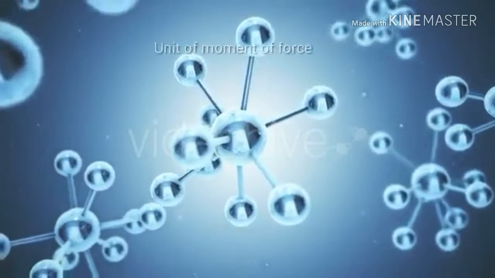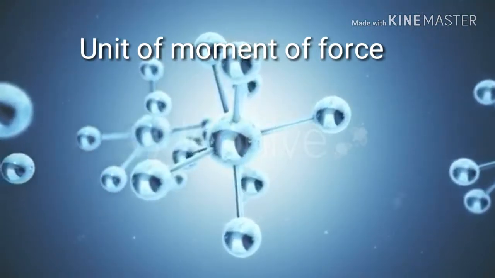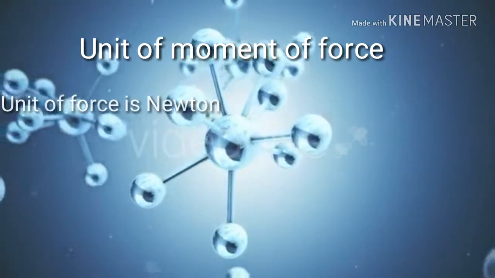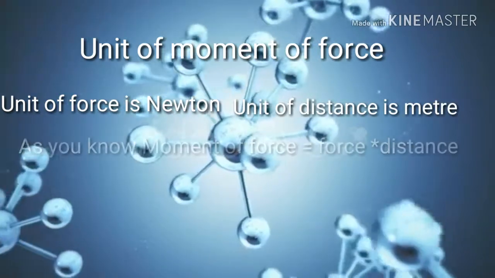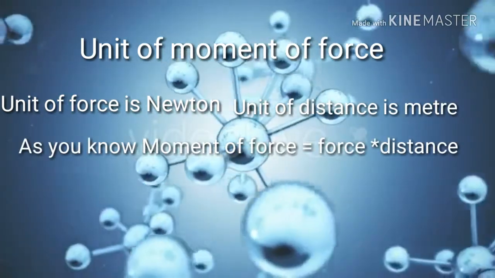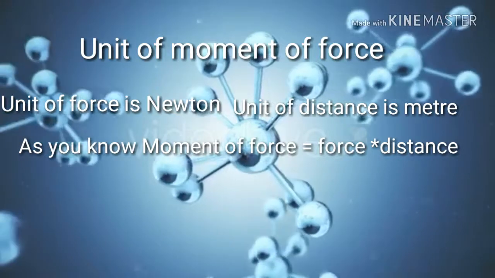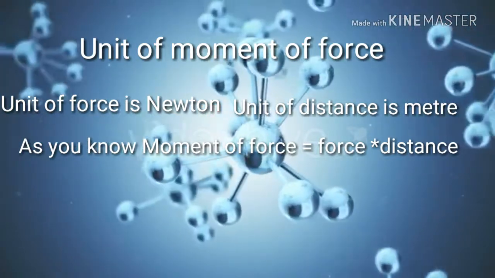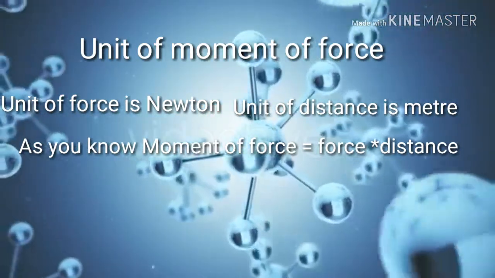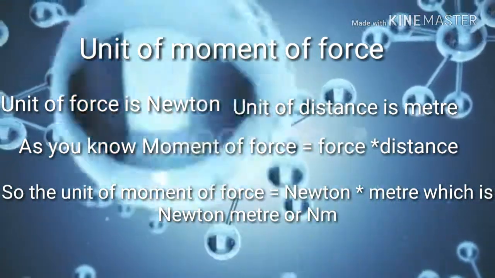Let us see the unit of moment of force. As you know, the unit of force is Newton and the unit of distance is meter. Since moment of force is force into distance, the unit is Newton into meter.